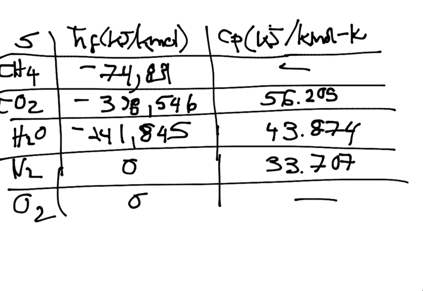Our H_f, which is our heat of formation, comes from the top of the tables for methane, CO2, and H2O. And the reason N2 and O2 are 0 is because these are in their standard reference. The same thing for the Cp values. We're only going to see Cp values for CO2, H2O, and N2.